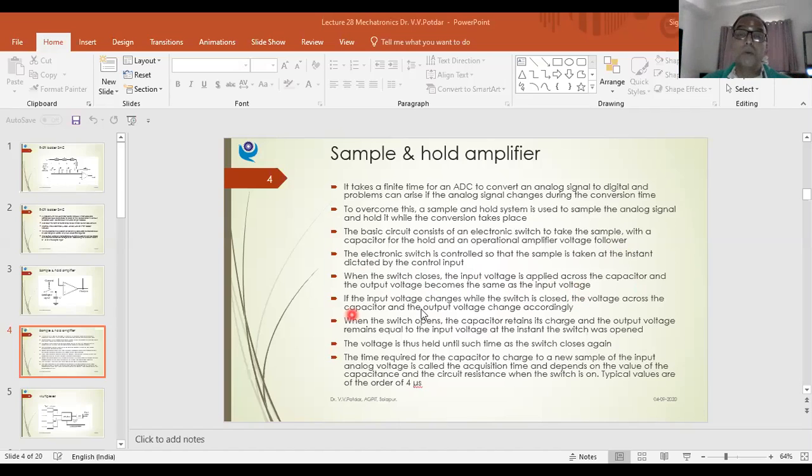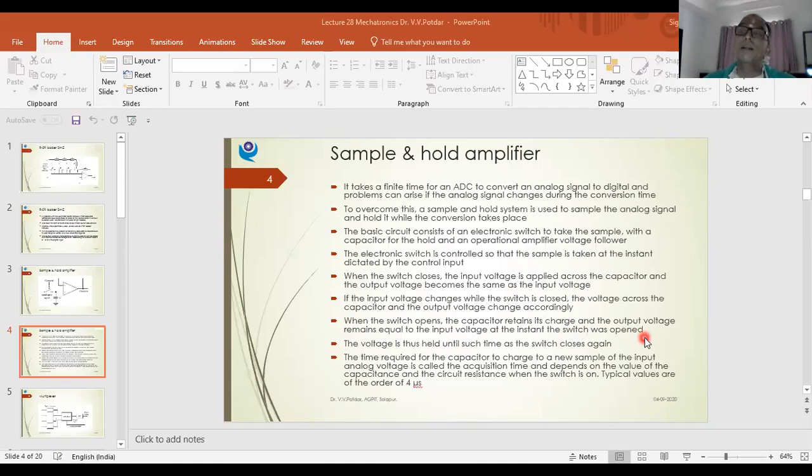If the input voltage changes while the switch is closed, the voltage across the capacitor and the output voltage change accordingly. When the switch opens, the capacitor retains its charge. The switch is now open. The capacitor retains its charge and the output voltage remains equal to the input voltage at the instant the switch was opened.